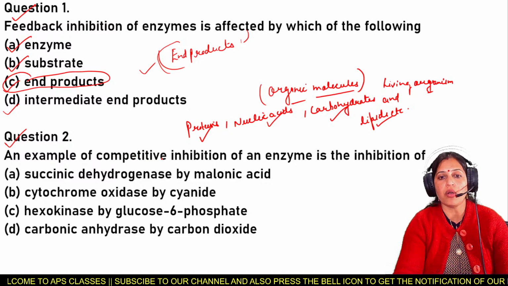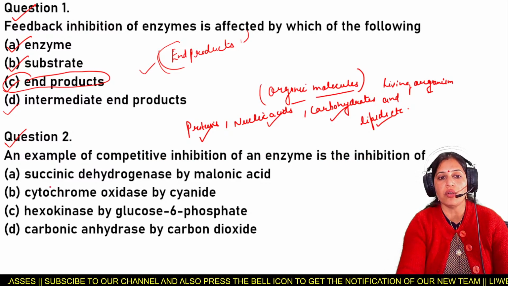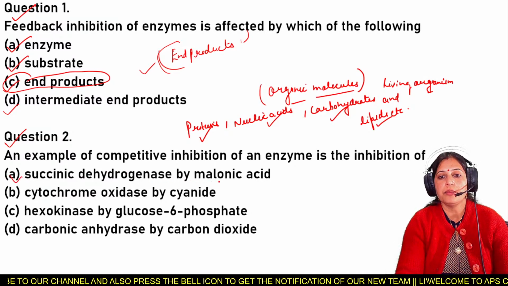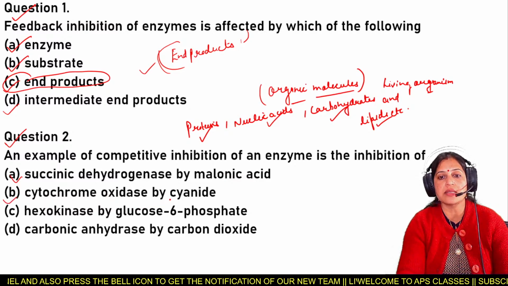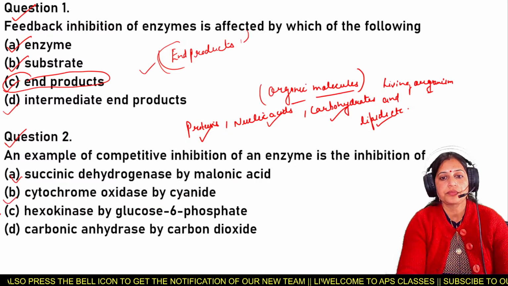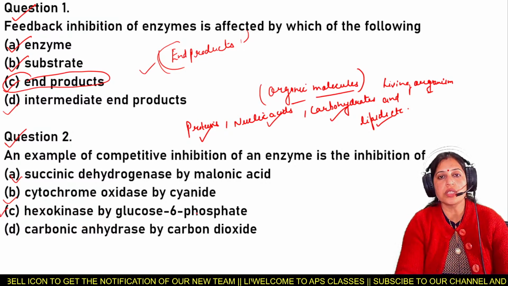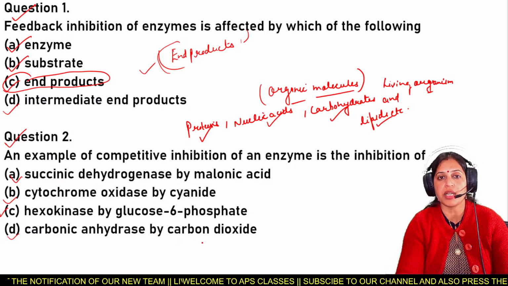An example of competitive inhibition of an enzyme is the inhibition of: A, succinic dehydrogenase by malonic acid; B, cytochrome oxidase by cyanide; C, hexokinase by glucose 6 phosphate; and D, carbonic anhydrase by carbon dioxide.